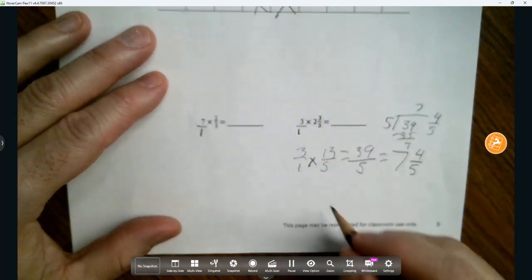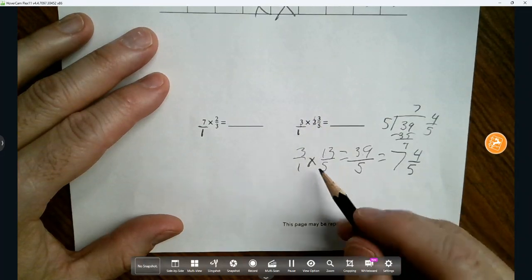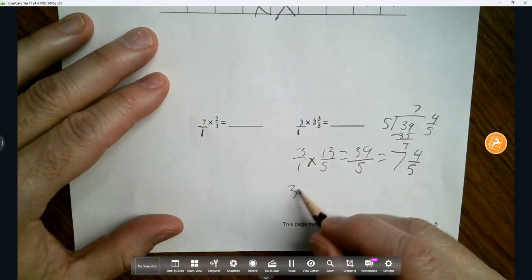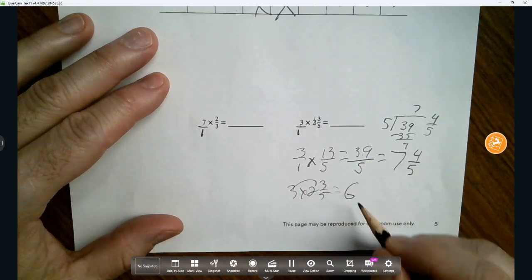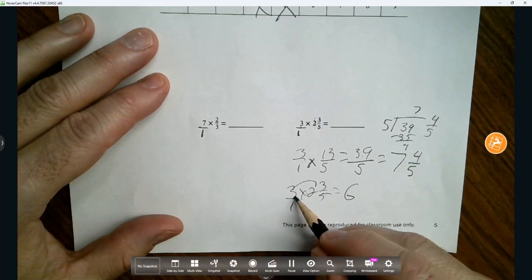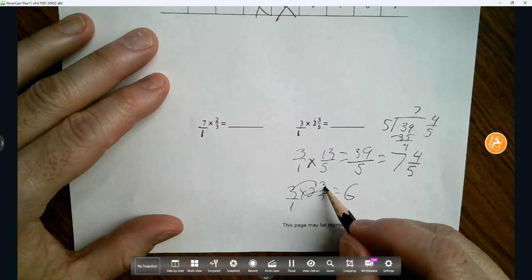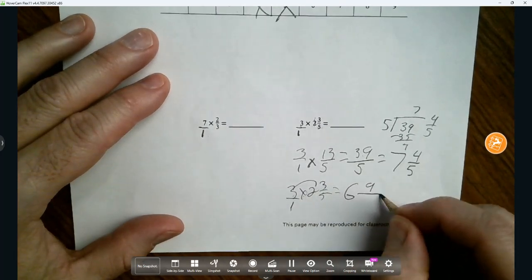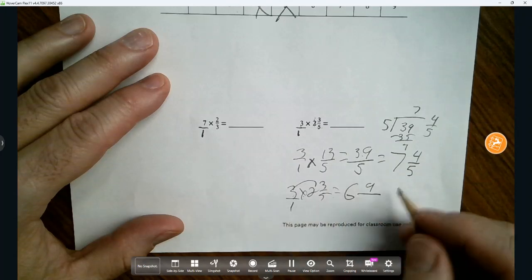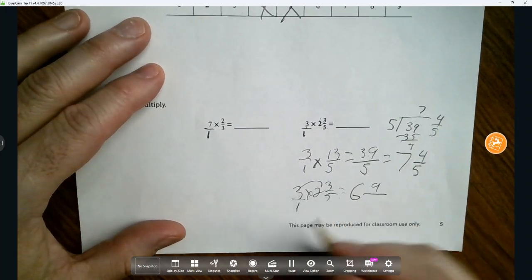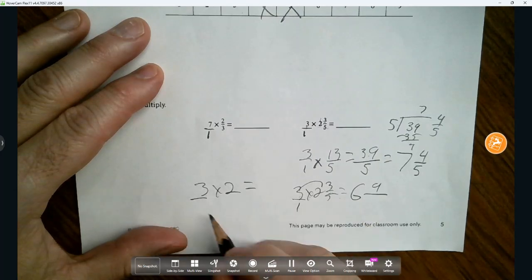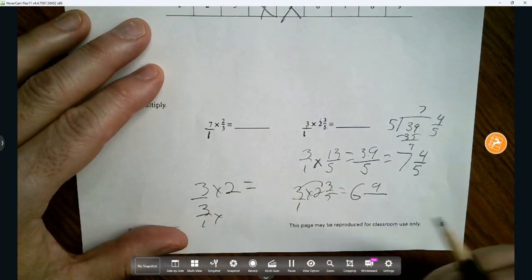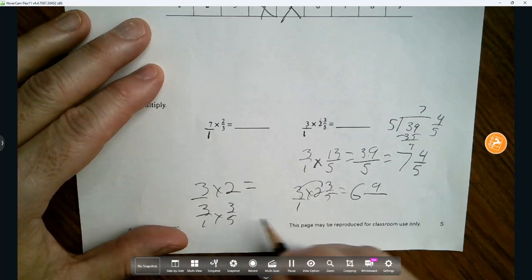If you do this the other way, 3 times 2, right? If you go 3 times 2 3/5, 3 times 2 equals 6. 3 times 3 equals 9. And 1 times 5, right? Because if we break this down, we're going 3 times 2 equals, and then 3 over 1 times 3 over 5, right?